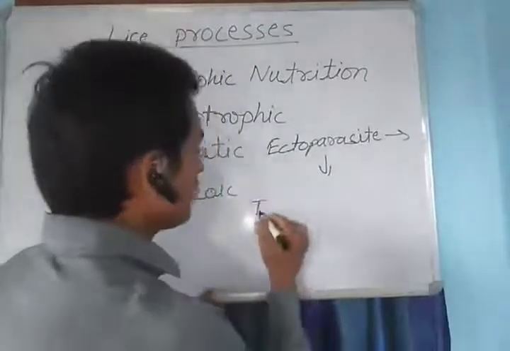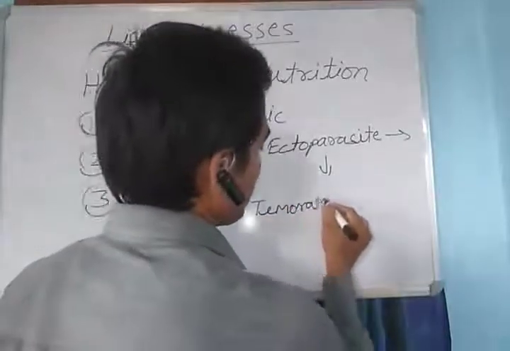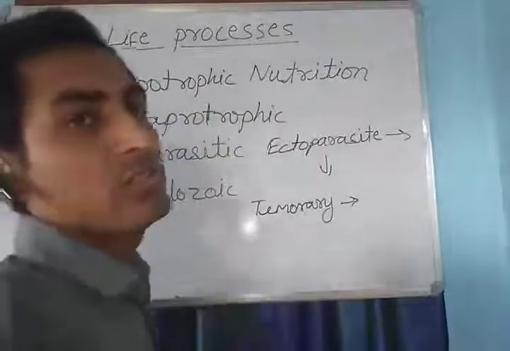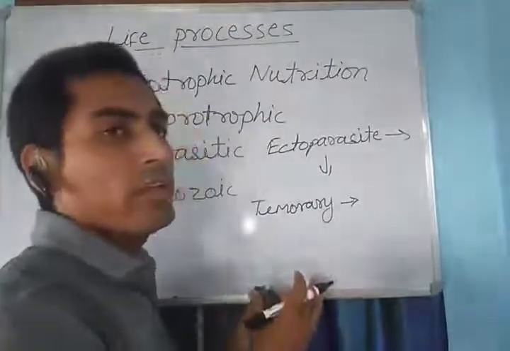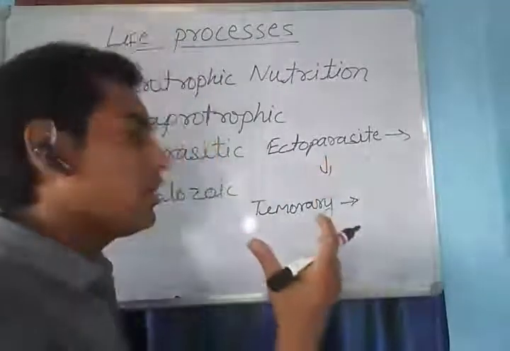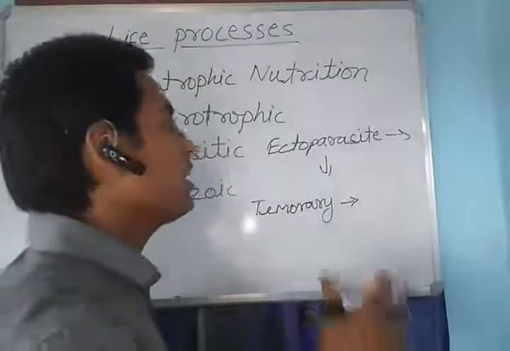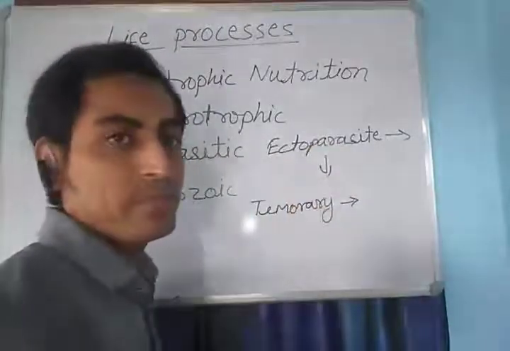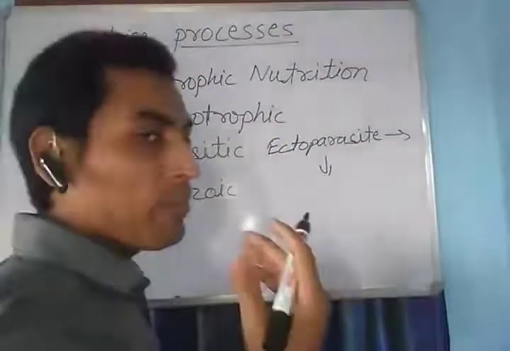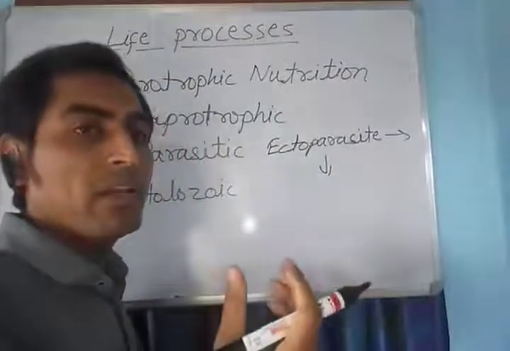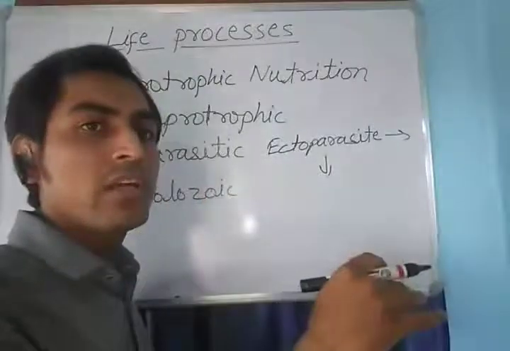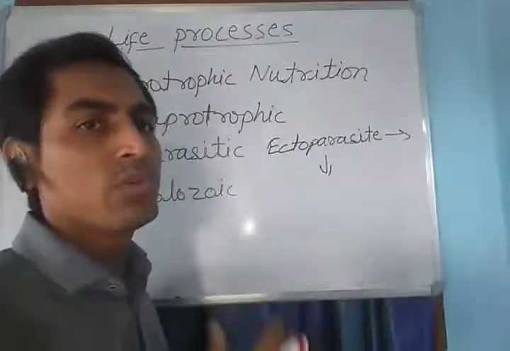Temporary ones are like mosquito and leech, which come on the body, get food and move away. They remain on the body only for some time, so they are ectoparasites and temporary. The other one is permanent, for example lice and tick, which remain on the body continuously and get nutrition and also shelter from it.